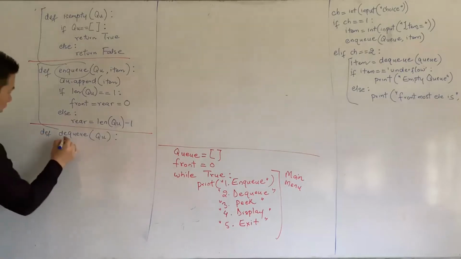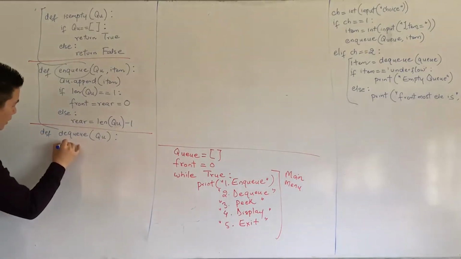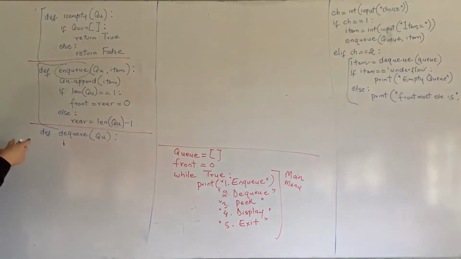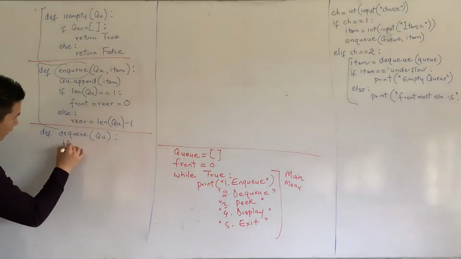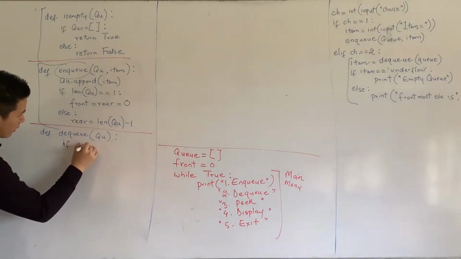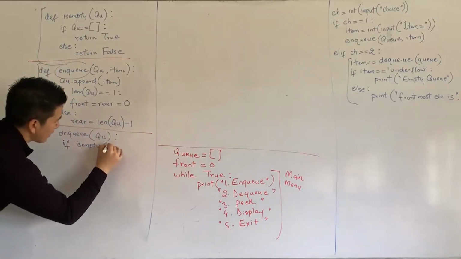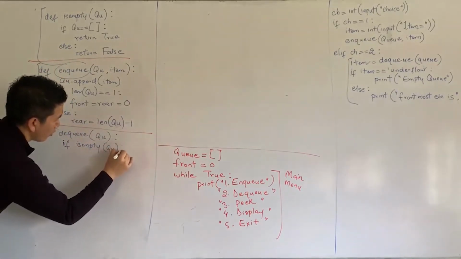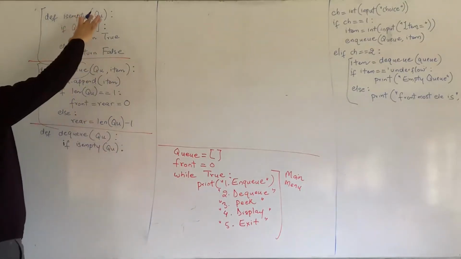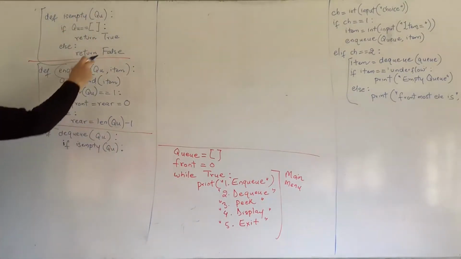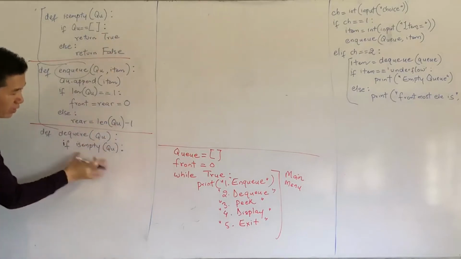Now the next step is I just check. How do you check? Let's call the function is empty, and then I send Q. I call this function, and based on the condition, either true or false will be returned.